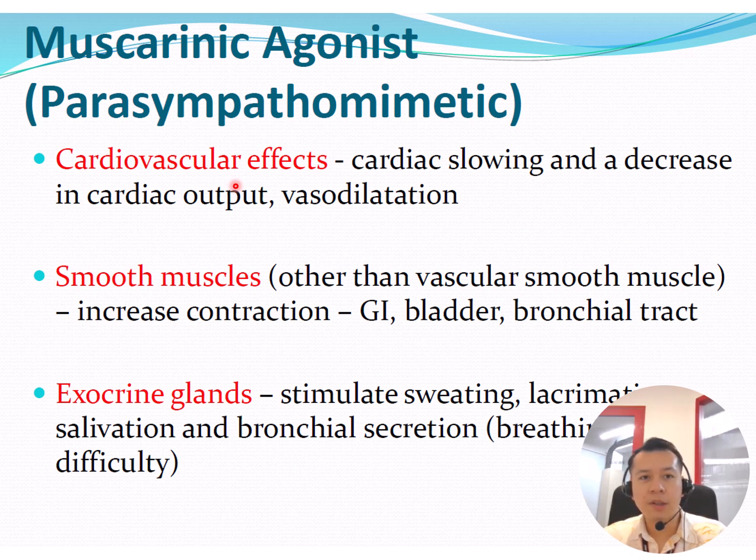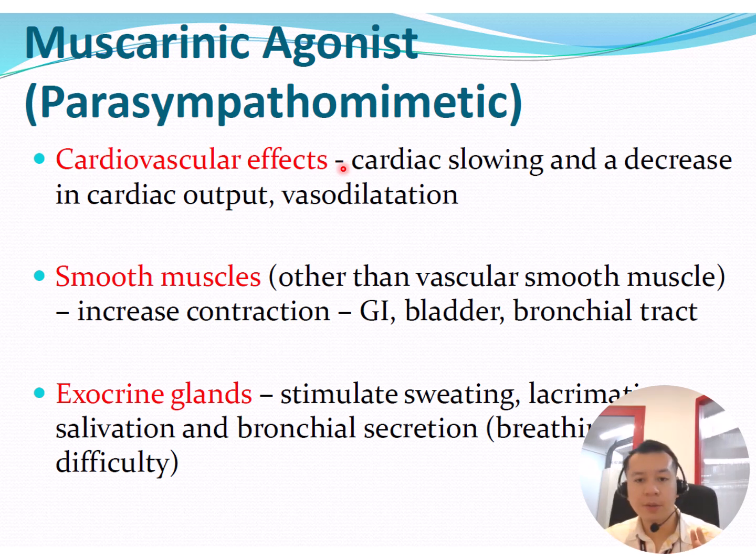When we talk about the systemic effects of muscarinic agonists, they span multiple organ systems. Over here we have three different ones: the cardiovascular system, the smooth muscle, and the exocrine glands. In the cardiovascular system, they slow down the heart rate and reduce cardiac output, and cause vasodilation, meaning your blood vessels are enlarged, which affects certain vascular beds.